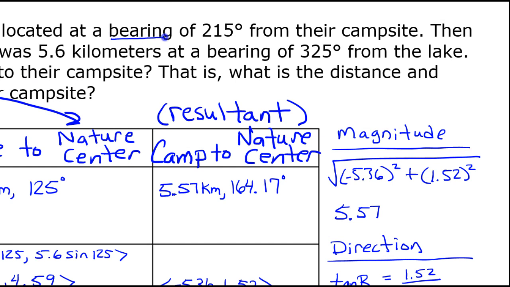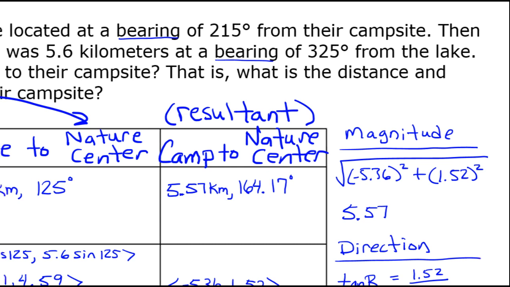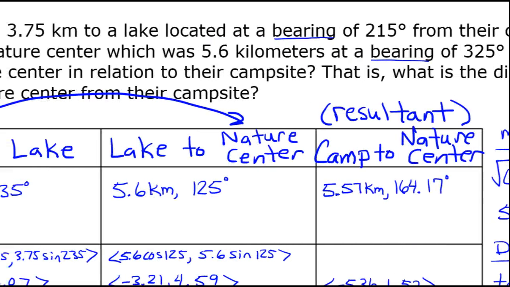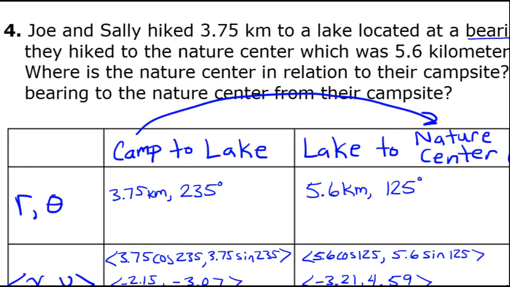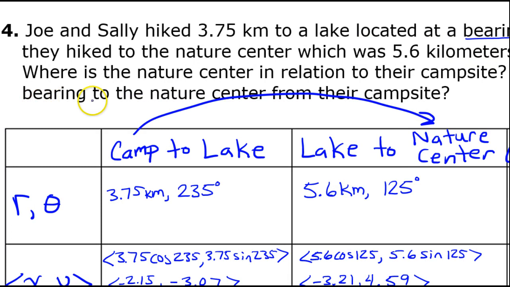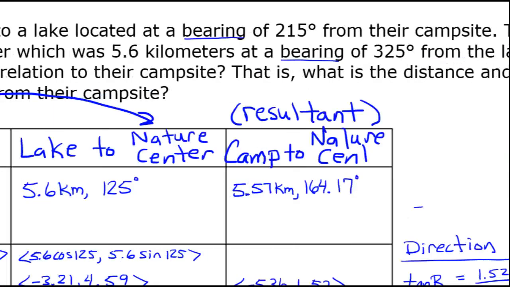They gave us a bearing of 215 degrees, a bearing of 325 degrees. So we need to record this direction as a bearing. And in fact, even the way they specifically asked the question, they said, what is the bearing to the nature center from their campsite? So we need the bearing.